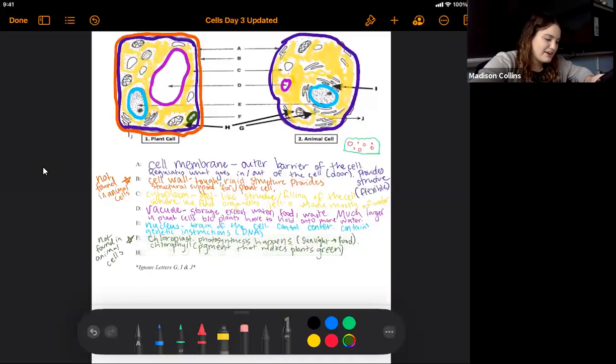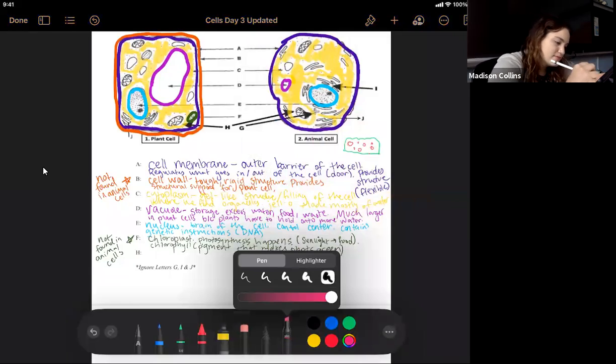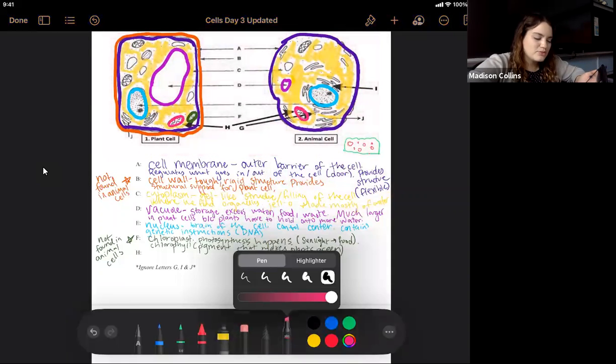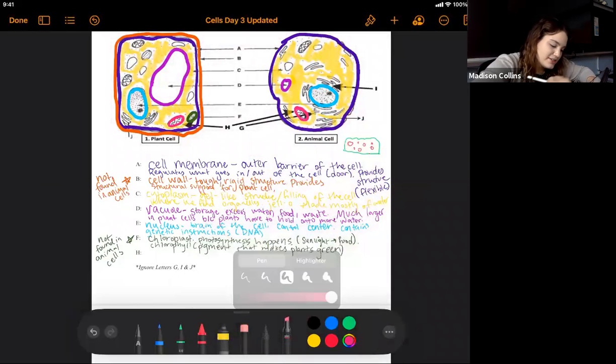All right, and finally, letter H. So H is found in both plant and animal cells. I'm gonna do that in pink. I'm gonna circle the organelle right here and right here. So structure H looks almost like a little bean structure, okay? And that structure is going to be called the mitochondria. So remember, this is the powerhouse of the cell.